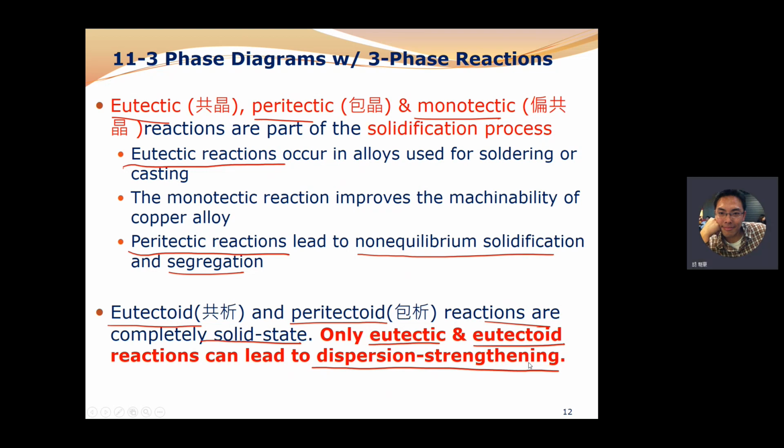Because if we want a dispersion strengthening process to occur, we have to find the specific eutectic and eutectoid reaction at specific composition and temperature. If your temperature is not at the eutectic temperature or eutectoid temperature, the dispersion strengthening effect is poor. It's really poor. Okay, you know what I'm saying?